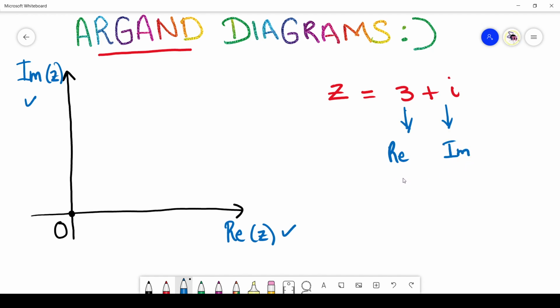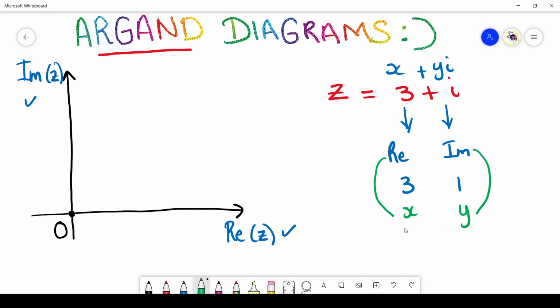So the real value is 3, and the imaginary value is 1, positive 1. And if we consider this in the form x plus iy, then our first value here is also like the x value, and the second one is the y value, if you want to think of it like that for future purposes. There are formulas you're going to see where you're going to have to be able to relate the real part to the value x and the imaginary part to the value y.